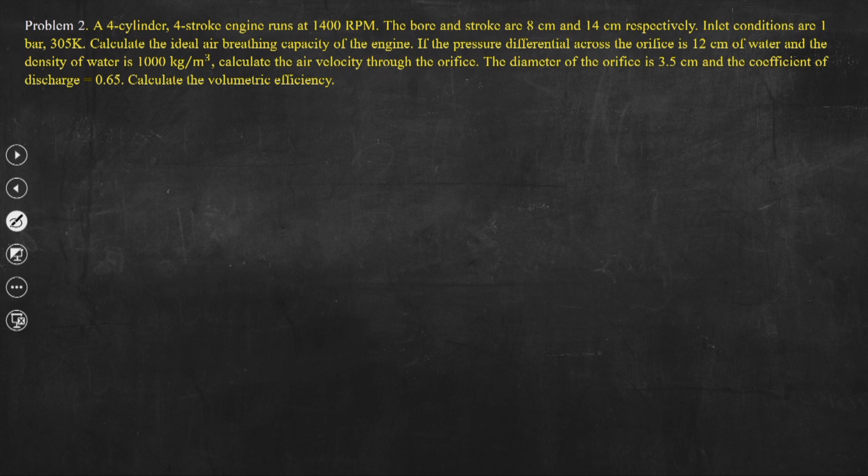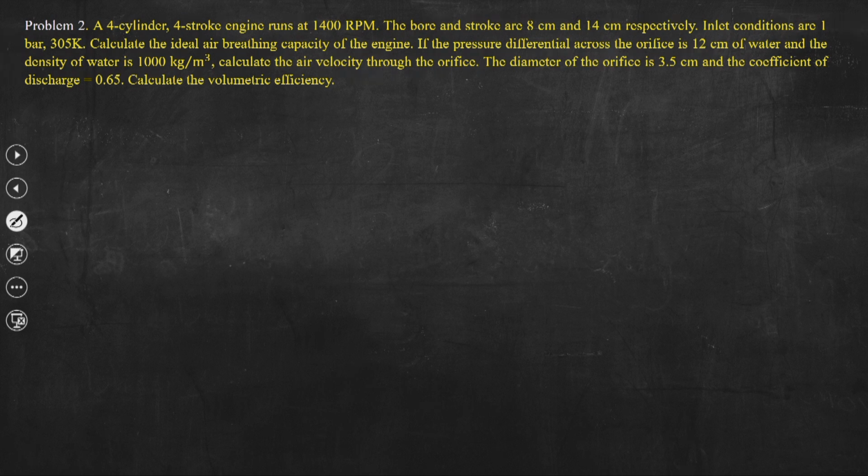If the pressure differential across the orifice is 12 centimeter of water and the density of water is 1000 kg per meter cube, calculate the air velocity through the orifice. The diameter of the orifice is 3.5 centimeter and the coefficient of discharge, that is CD, that we have already discussed, is 0.65, which is less than 1.